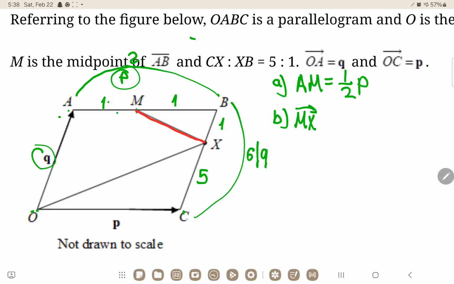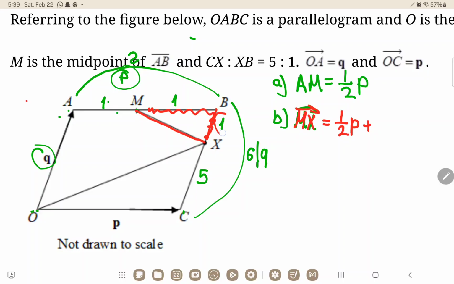Now what is MX practically? It's MB plus BX. Now what's MB? MB is the same as AM, so it's also a half of P, so equals half P plus BX. Now what is BX?